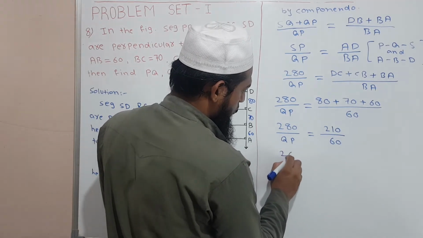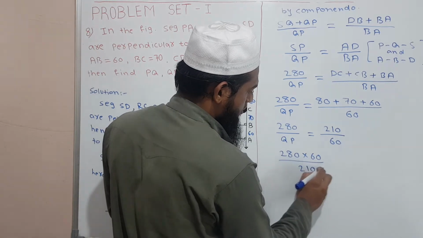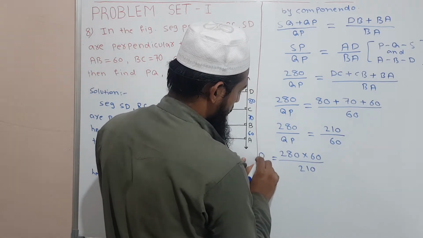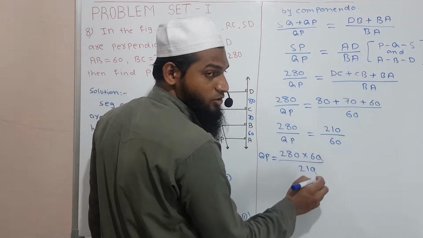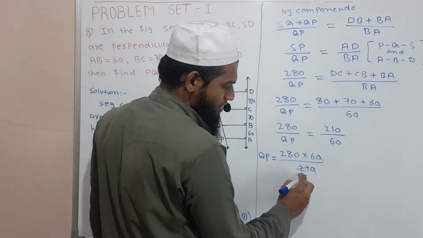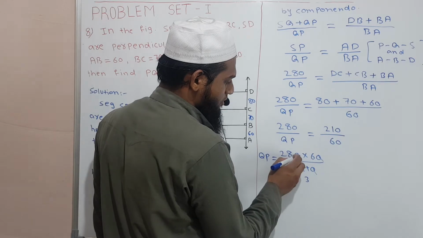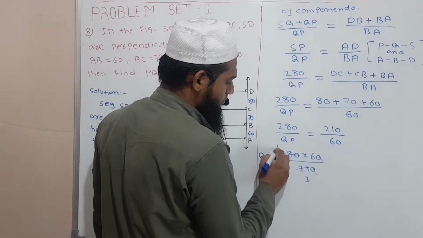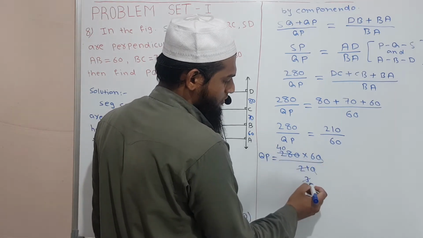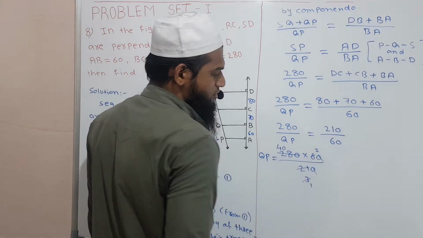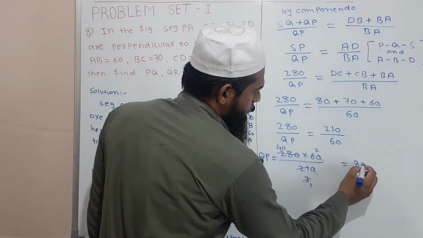280 into 60 upon 210 is equal to QP. Now the zeros cancel. 7 3s are 21, 7 4s are 28, zero, and 3 1s are 3, 3 2s are 6, 4 2s are 8, zero.